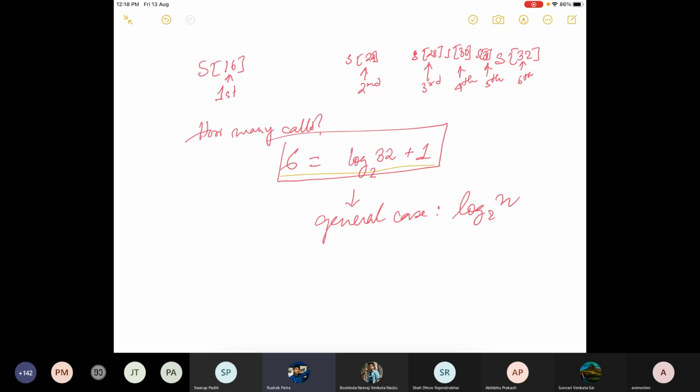In every case it will be less than 6 calls, except for the two extremes.